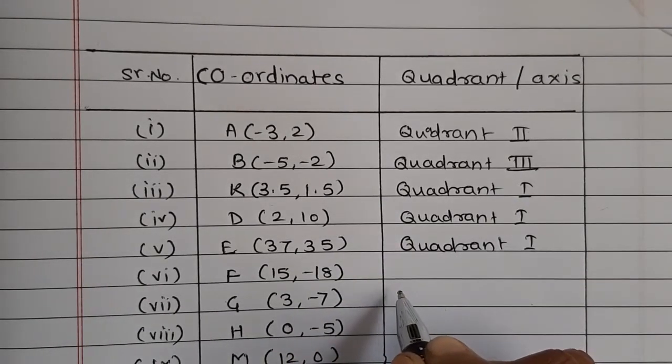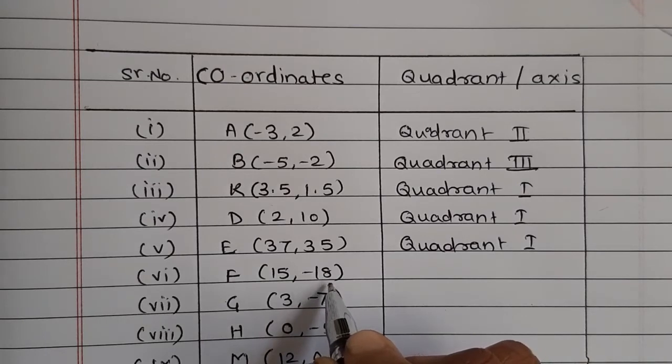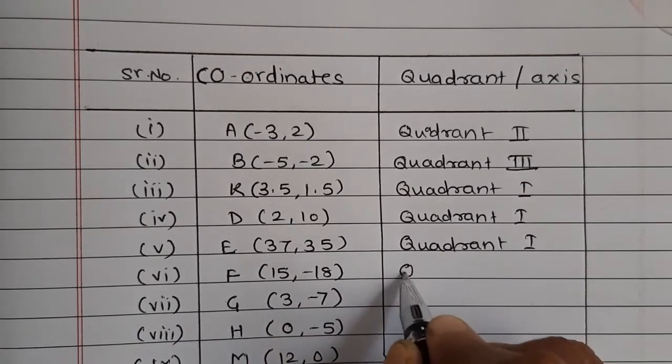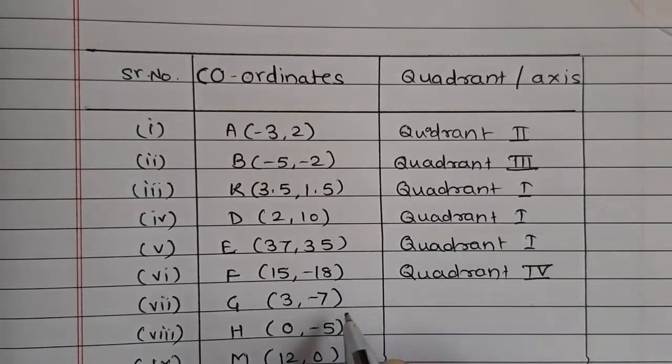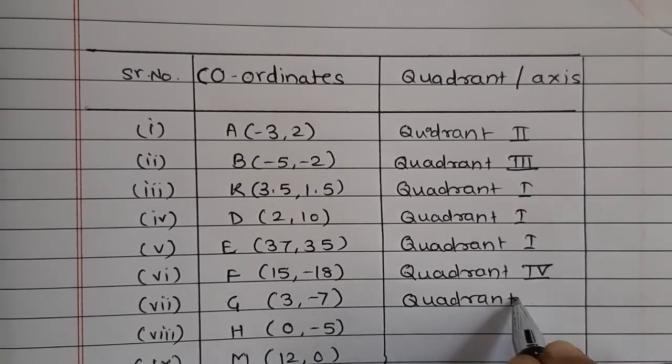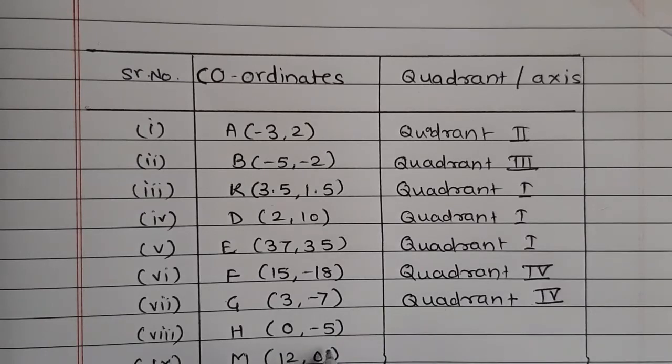Then (15, -18): one coordinate is positive and one is negative. The second coordinate is negative, which means it lies in the fourth quadrant. Then G (3, -7) also lies in quadrant 4. Then (0, -5): here the x coordinate is 0 and only the y coordinate is given, so it lies on the y-axis.